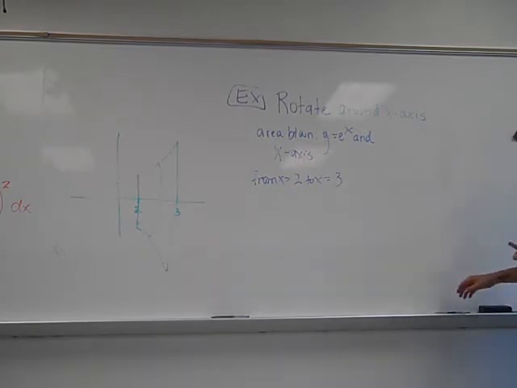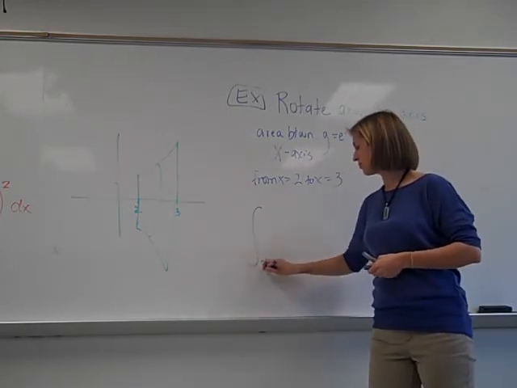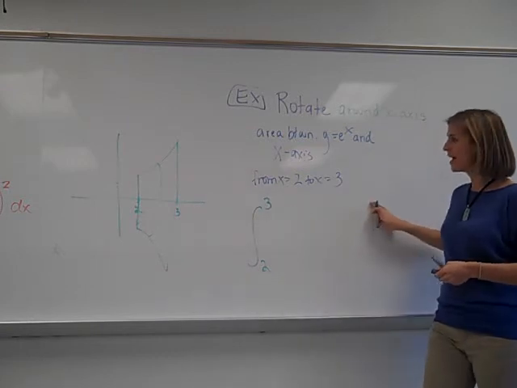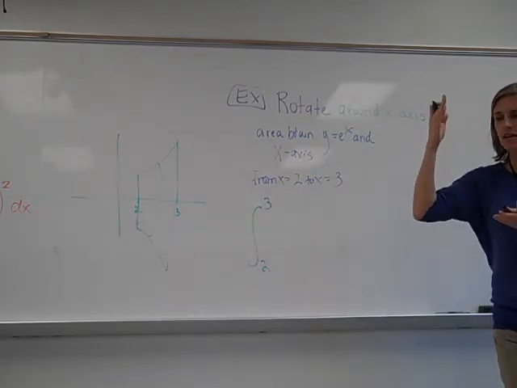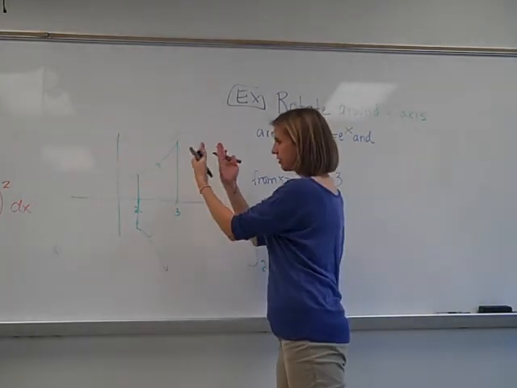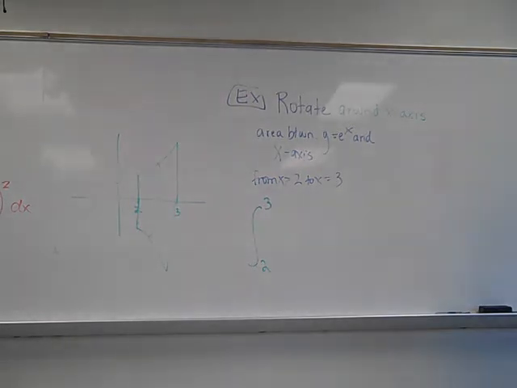And all I need to do is integrate from 2 to 3 the area of one of the circles that's formed. If I were to cut this in half and take a look at the inside of it, I'd be looking at circles. I need to integrate the area of one of those circles.